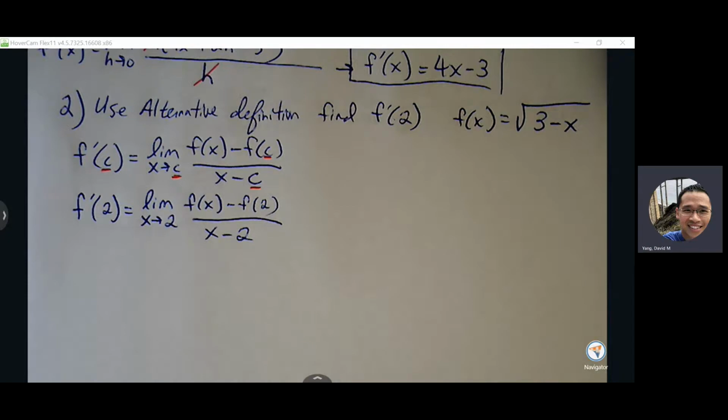The numerator, we're always going to have to make some substitution for the numerator. f of x can be replaced with... Oh, yeah, make sure that you guys change it. I made a mistake on your handout. I forgot to change it. So if you can change it to √3 minus x. Right, and then what can I replace with that one too?